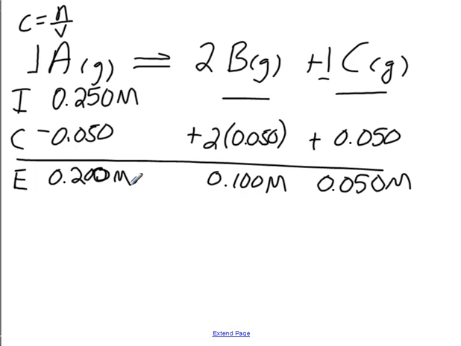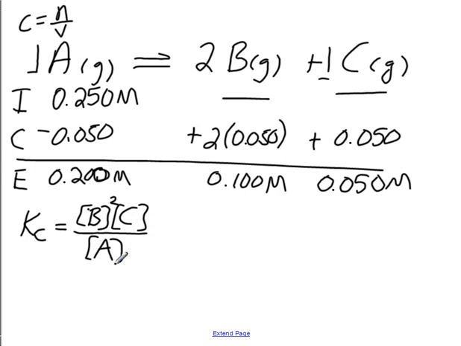We can now jump in and solve the problem. We're wanting to find Kc. Kc, we'll write the expression: concentration of B squared, because the coefficient of B is a 2, times the concentration of C, divided by the concentration of A.